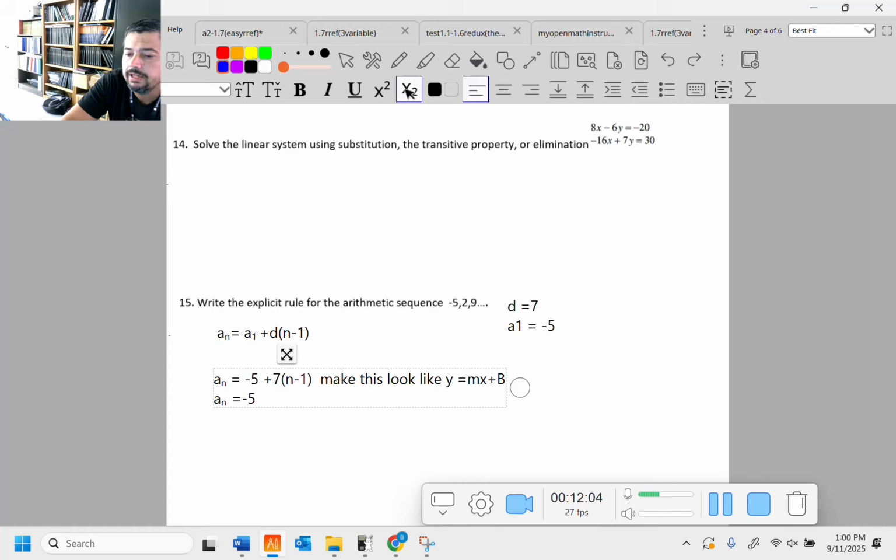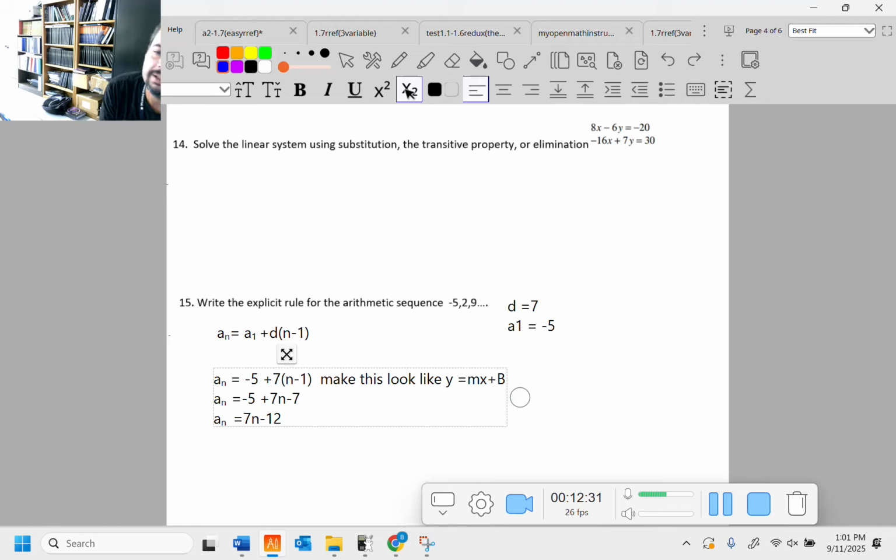We have -5 plus, if I invoke the distributive property, 7n minus 7, and I combine my like terms. I had to put this on this basics quiz because it was so missed, and I knew it would be on your last quiz, and it's such a simple problem. There we go, 7n minus 12. Ta-da! If you know what -5 plus a -7 is, which is also a problem.